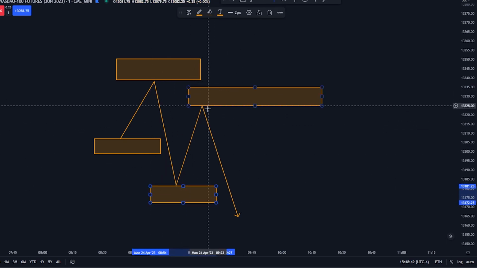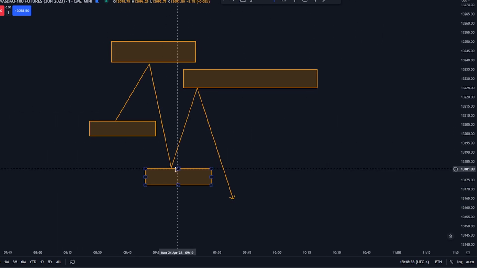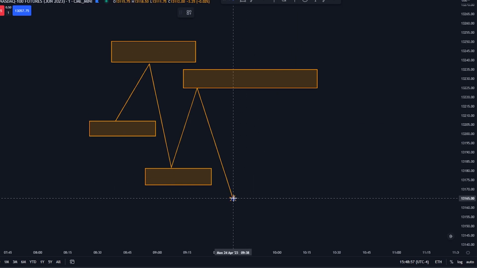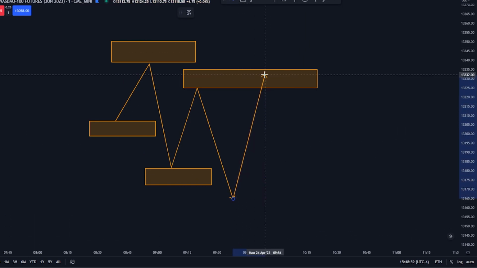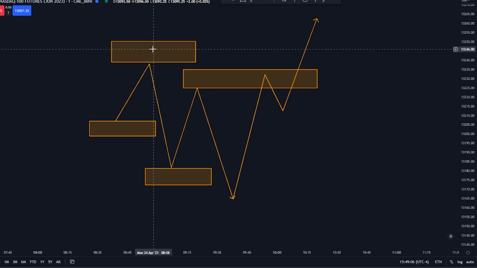Also this one, which was taken out. So after we took these two liquidity pools, I would expect that the price is gonna go up and then maybe pull down a little bit and then take out this liquidity right here.